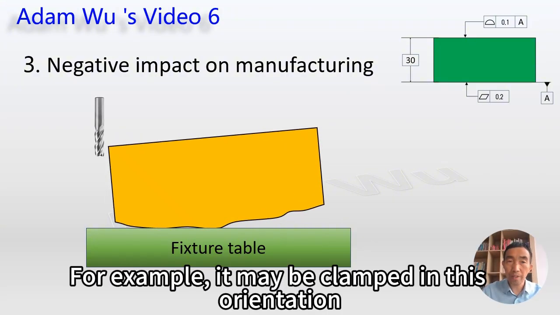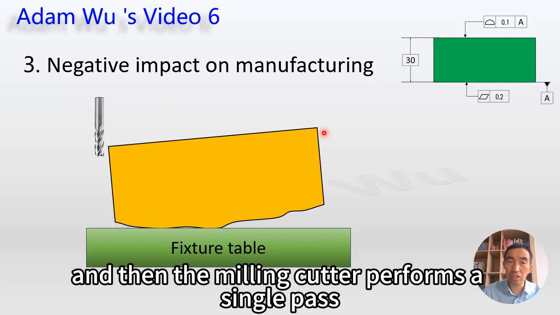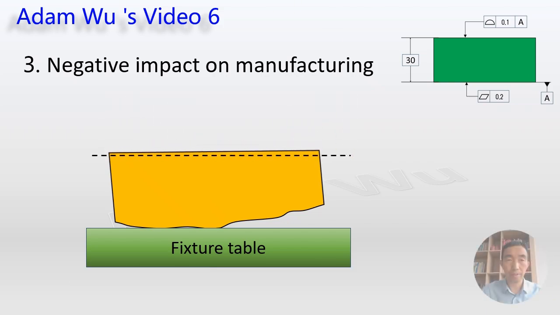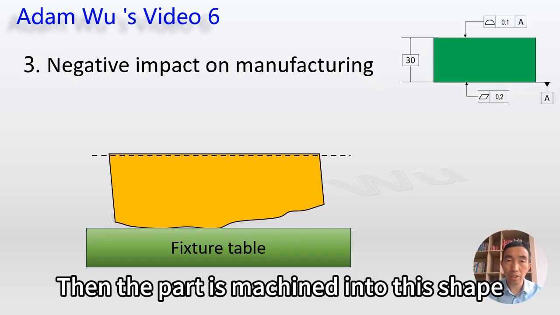For example, it may be clamped in this orientation, and then the milling cutter performs a single pass. Then the part is machined into this shape.